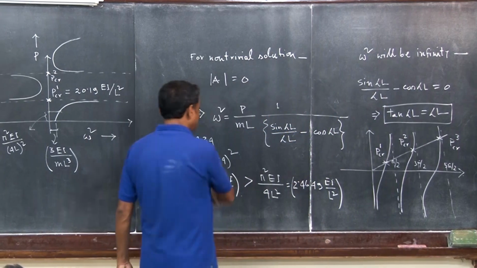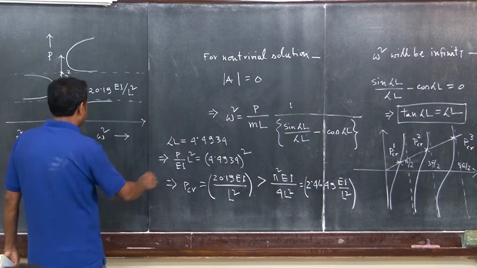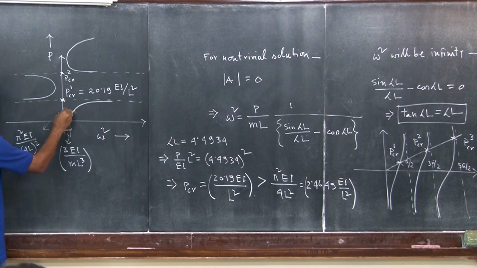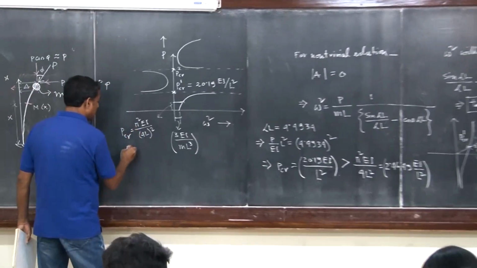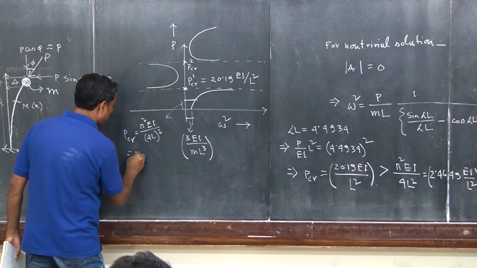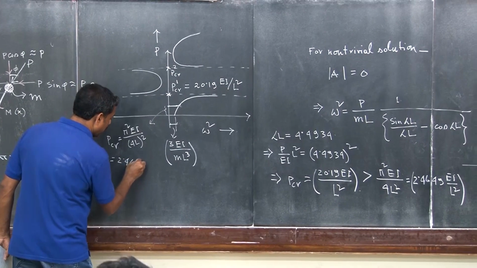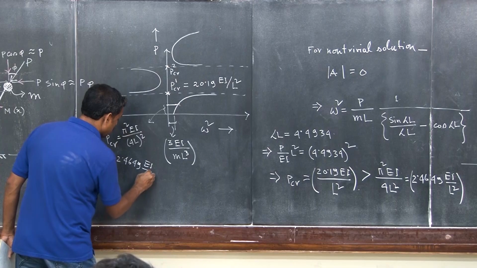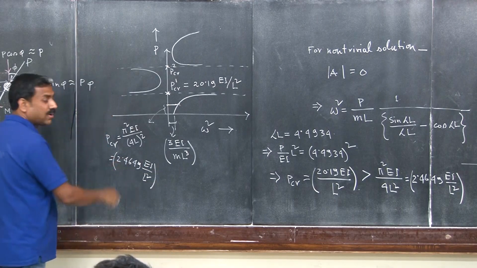So it is almost 10 times increase in the critical load. Look, this is the first critical load, the static buckling load, P critical static, which is nothing but 2.4649 EI by L square. You see that, 2.46.